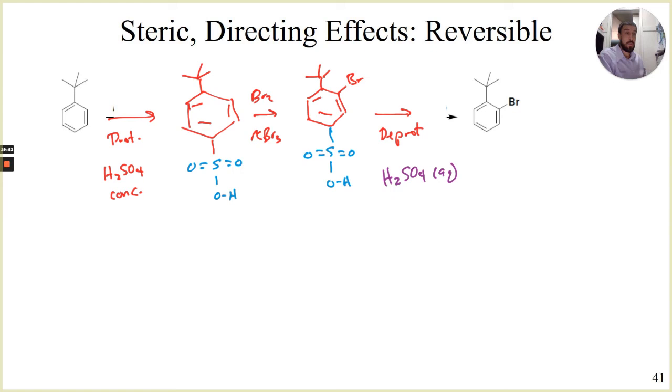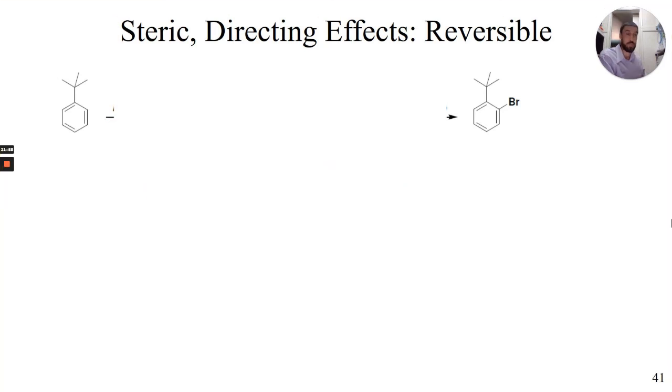You might say, well, that's sterically hindered. It is sterically hindered. That's why we would probably have to push on this with a little bit of heat and probably time to allow that bromine to react to that spot. Once we felt we had a high enough yield, we would isolate, deprotect, and we would have our final product with the bromine at the ortho position.